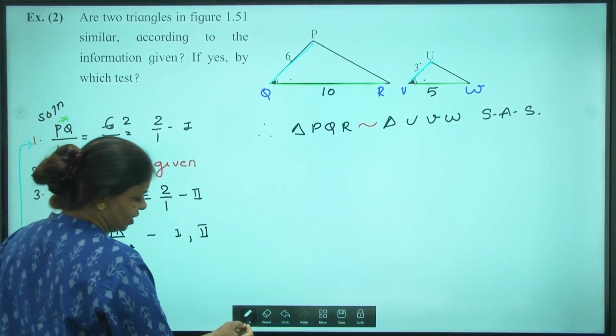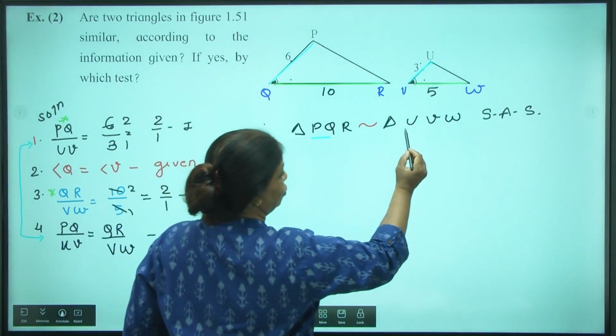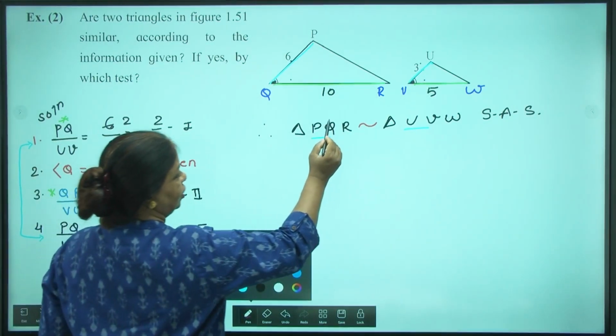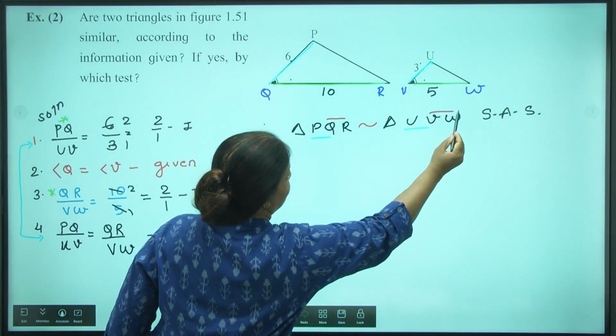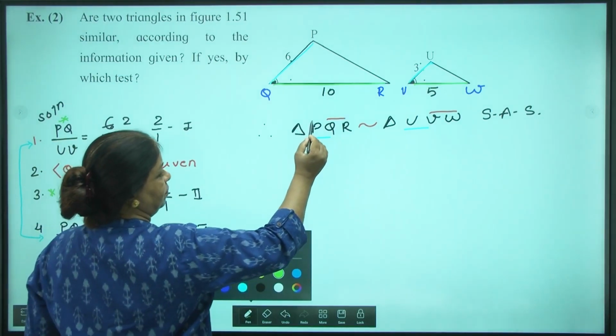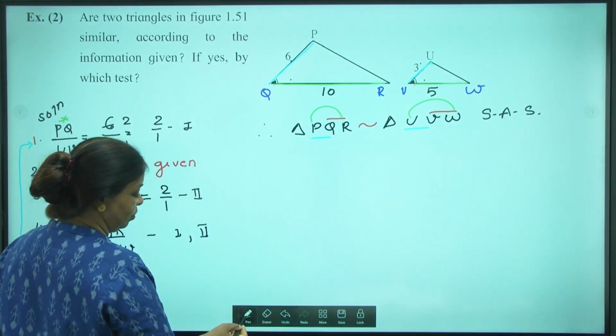Now we can take the corresponding sides, children. PQ upon UV and QR upon VW, and then PR upon UW.